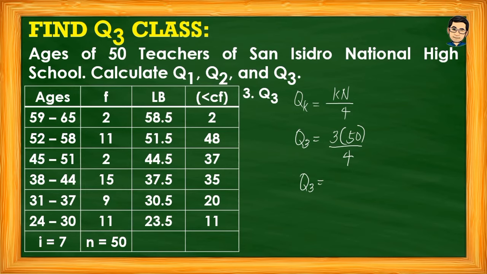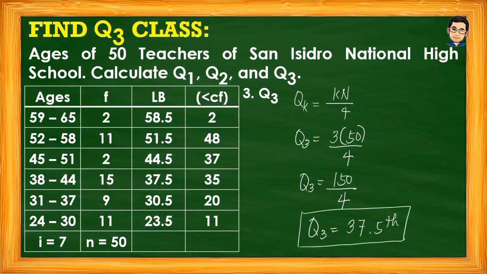So 3 times 50, that is 150, divided by 4. So kapag dinivide natin yung 150 by 4, we'll get 37.5. So ito yung posisyon ng Q sub 3, yung upper quartile natin.